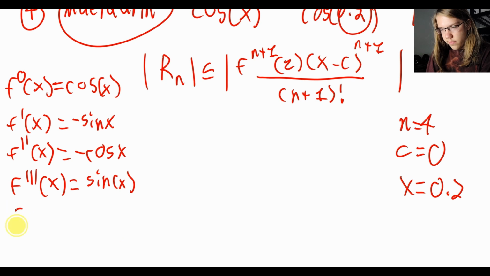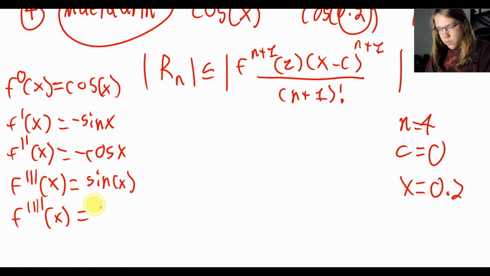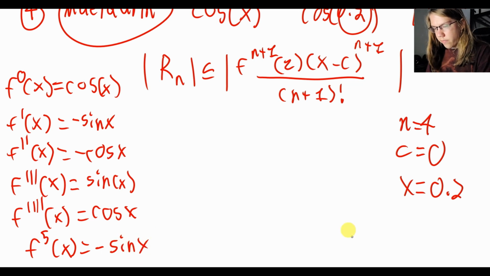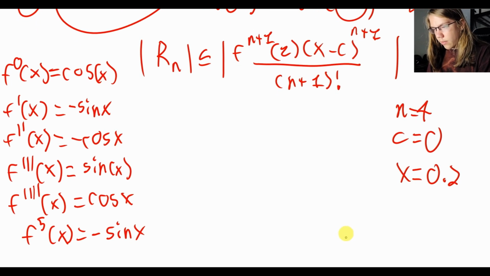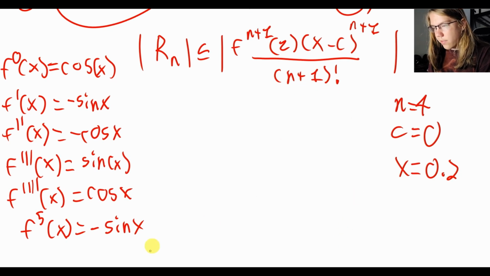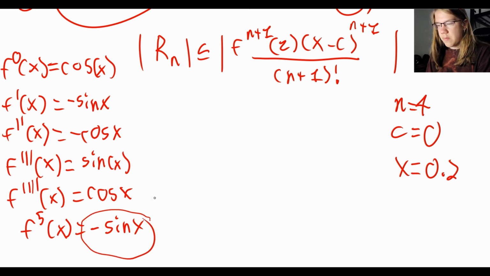The fourth derivative, positive cosine x. And our fifth derivative is negative sine x. Now, to find our z, we need to find the maximum possible value of this negative sine x.